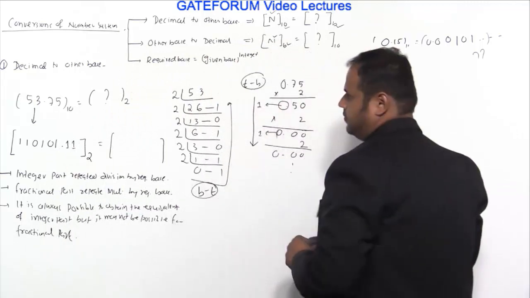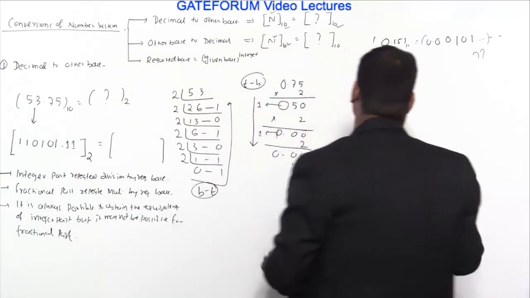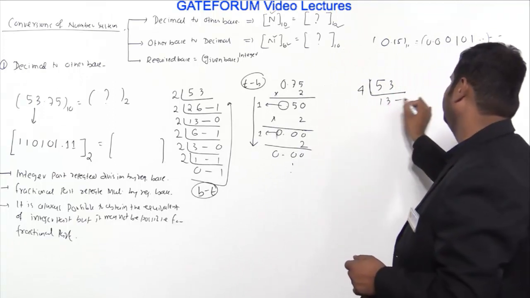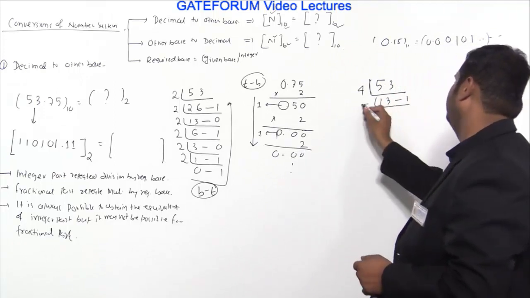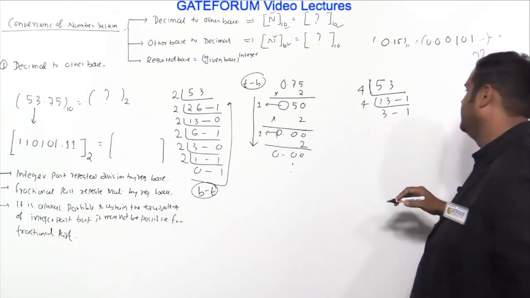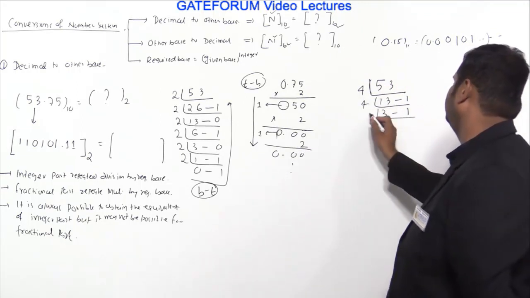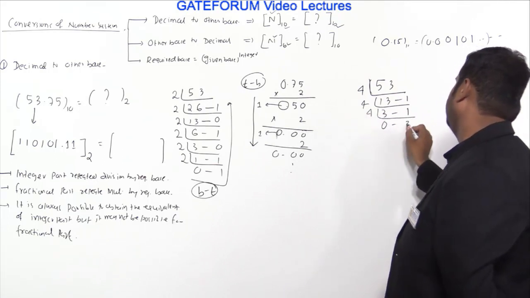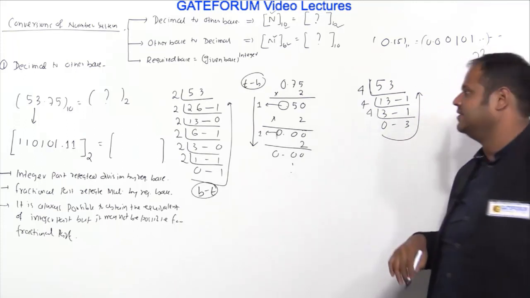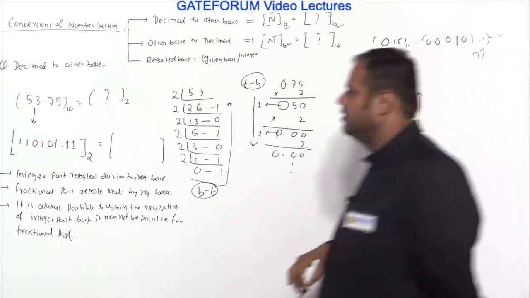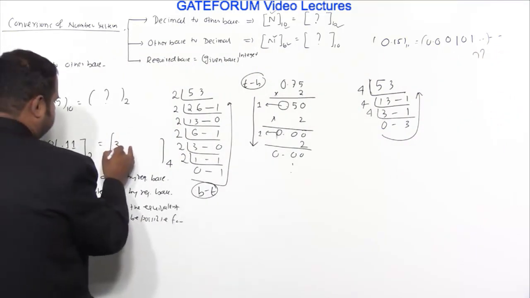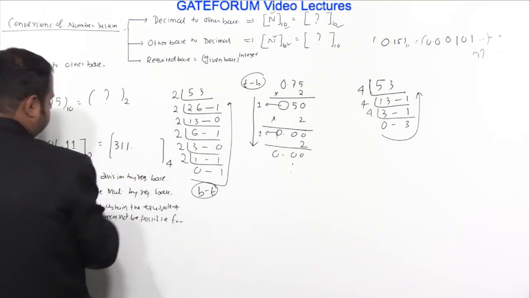Now the required base is 4, so I am dividing by 4. 13 into 4 is 52, so the remainder is 1, and 4 3s are 12, remainder is 1, isn't it? You can stop here; otherwise this is 4, this is 0, and this is your 3. So you have to do it like this. So this is the base 4 equivalent of the integer part 53, and that happens to be 311.